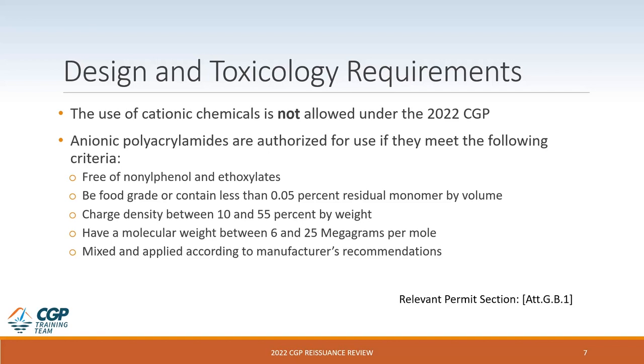So some of those criteria include a charge density between 10 and 55% by weight, having a high molecular weight, preferably between 6 and 25 megagrams per mole, and then also be food grade.